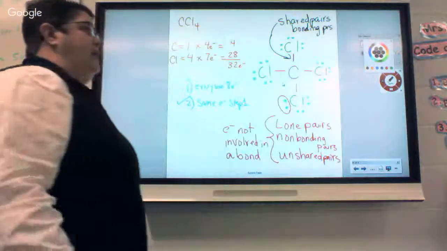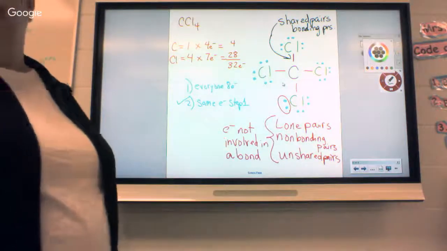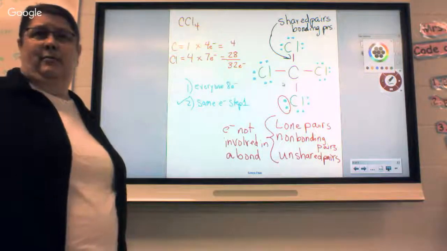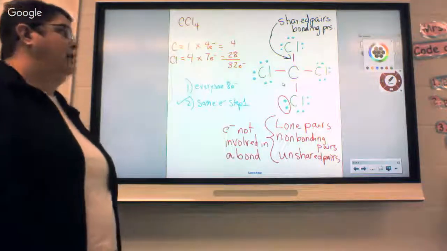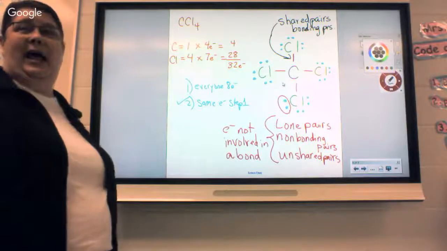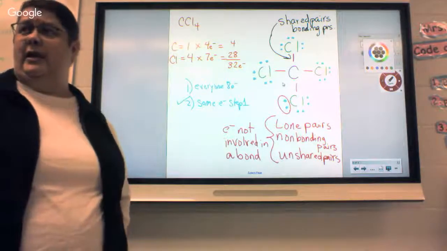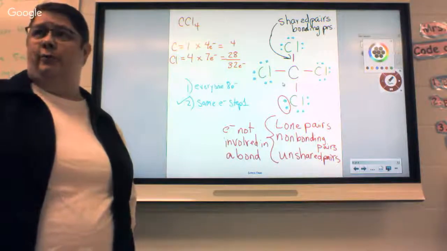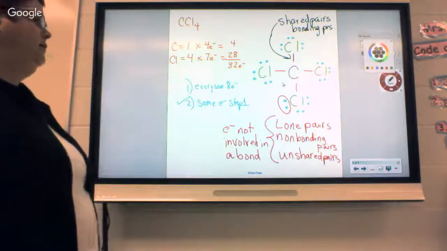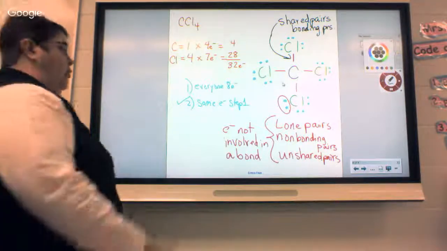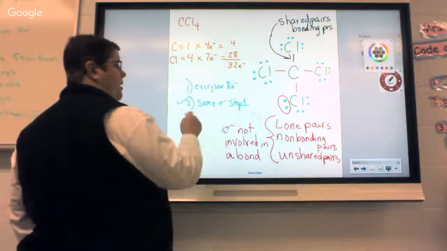Okay, and I'm not going to write a definition for those two because they mean the electrons are in a what? Shared pair. They're being shared. Is everybody okay with a line means how many electrons? 2, because we erased how many dots from a line? 2.